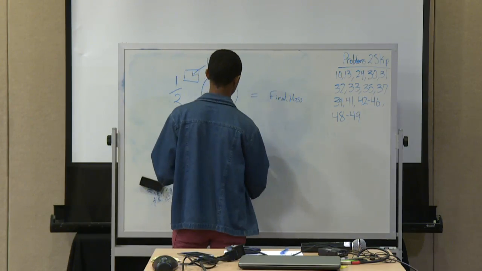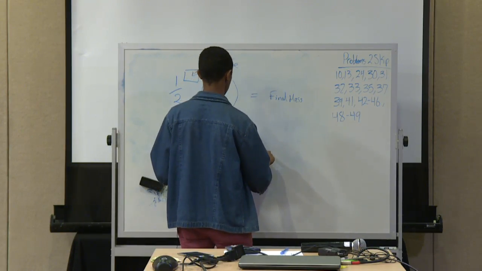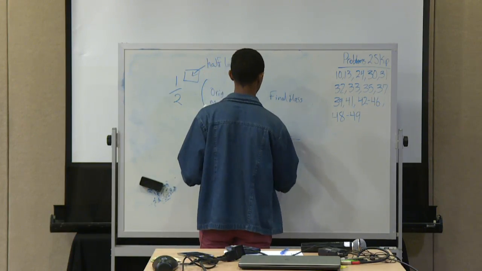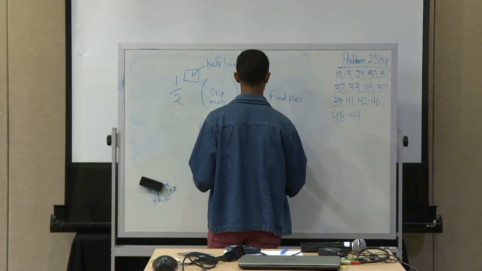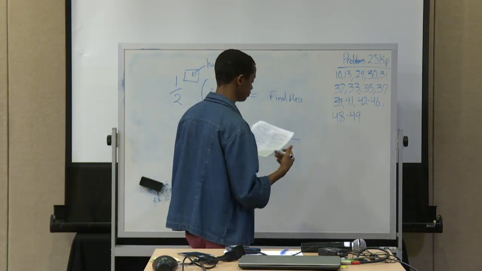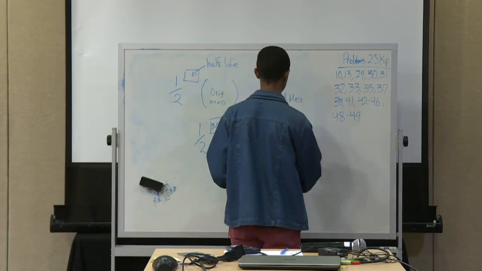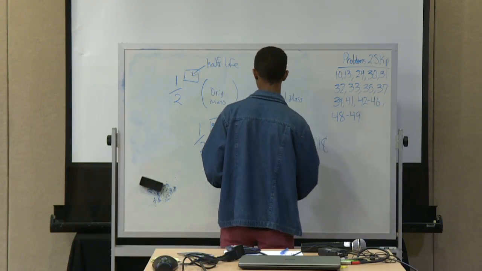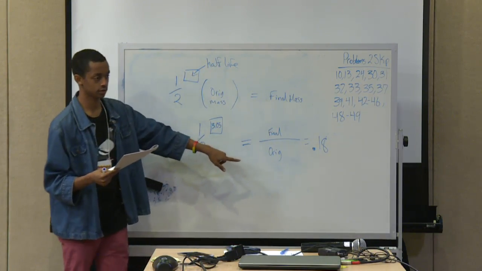And here, we're going to want it to be final over original. And final over original has to be 0.18, right? So this ratio has to be 0.18.